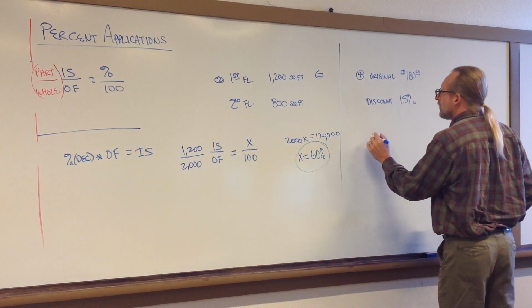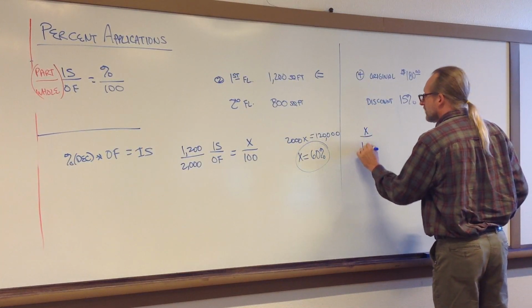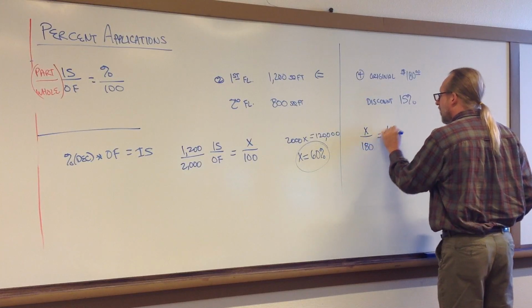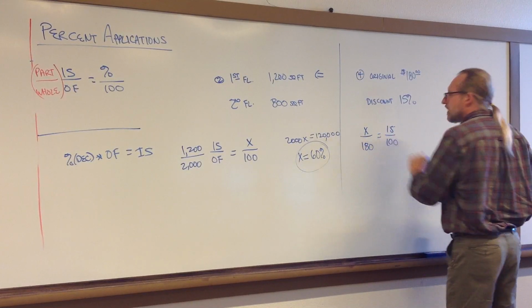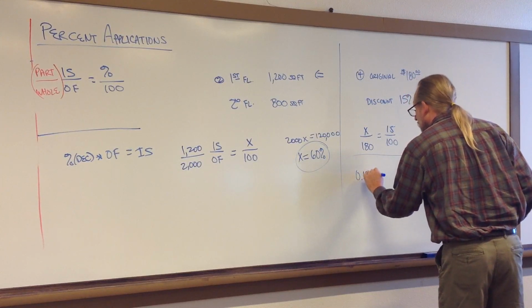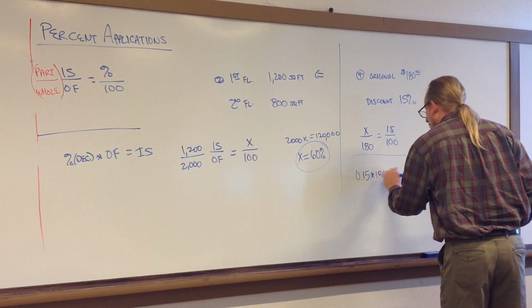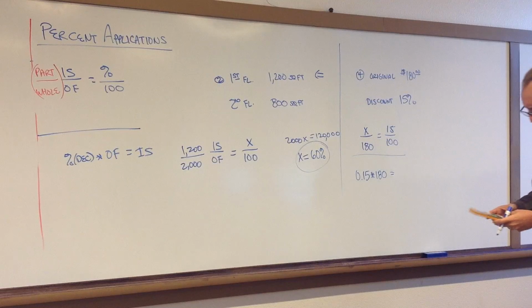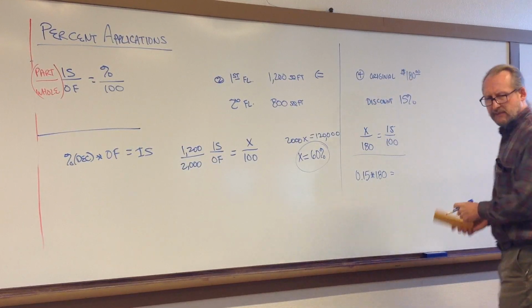If you were to set this up, you could do it like that. You could also do it like this. So what would we get? $27.